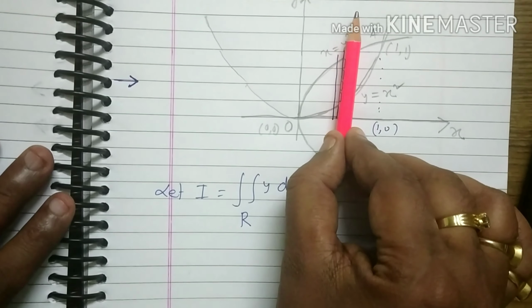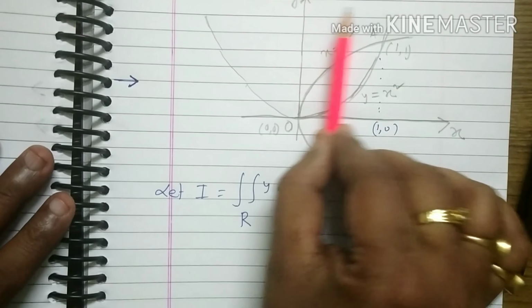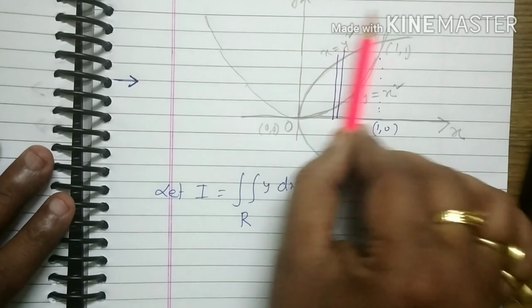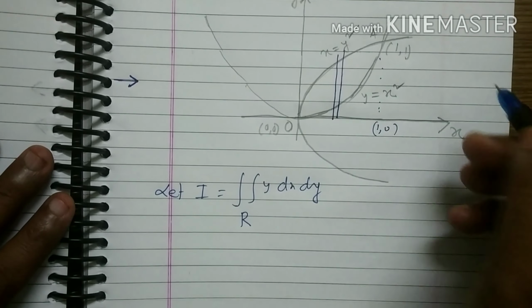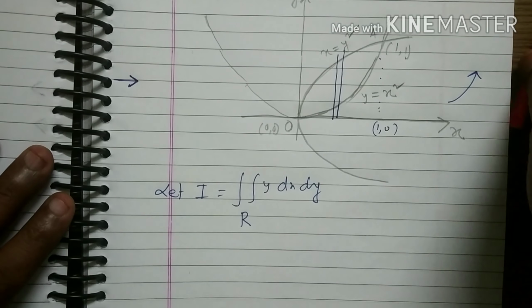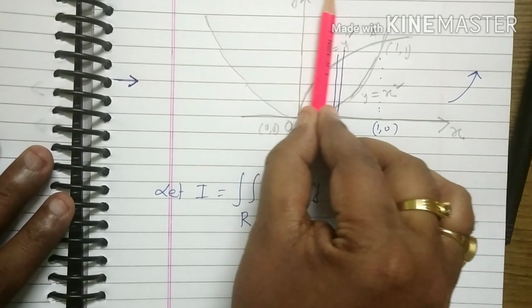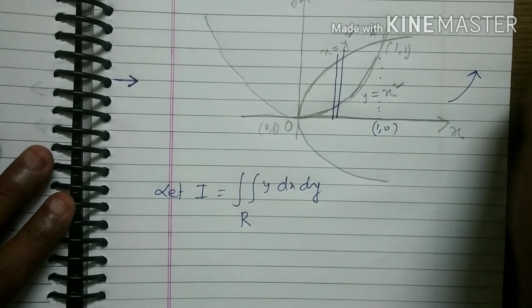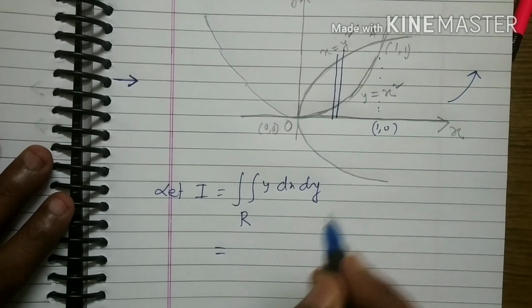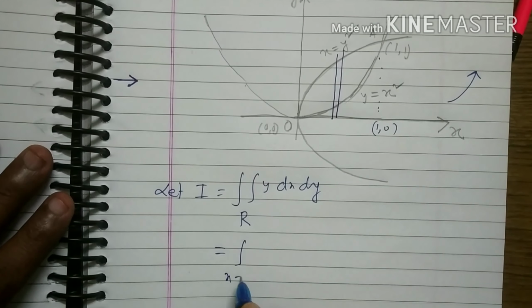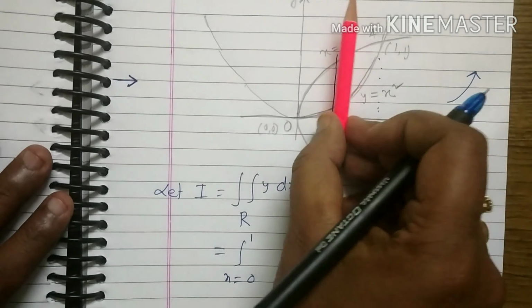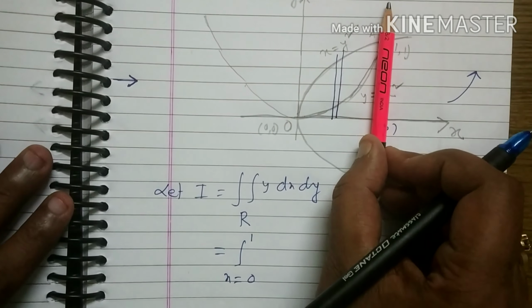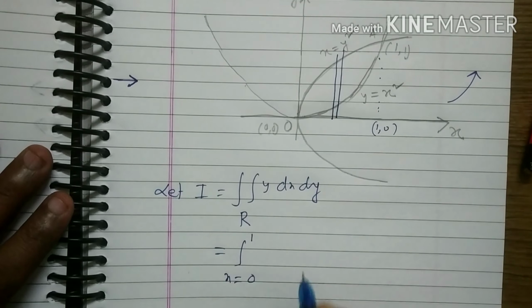So this brush is moving along the x-axis, from this to that direction. So that's why I am writing x equals 0 to 1. This is the most important part. Is it clear? So this brush is moving from 0 to 1.